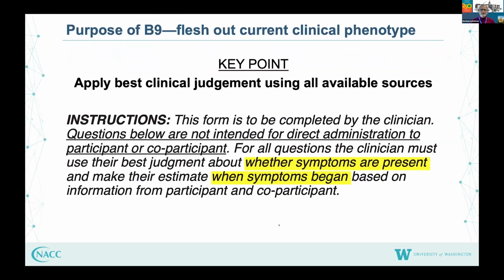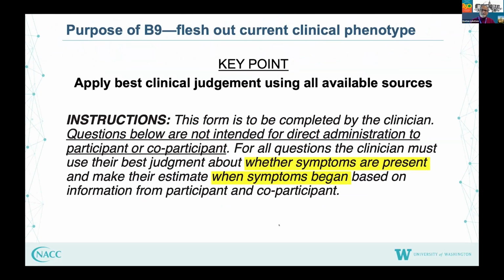So the main point is to remember the purpose of B9, which is to flesh out the current phenotype. And the key point that we ask you to do in all instances is to apply your best clinical judgment and to use all available sources to apply the judgment. So you're not actually using this form for direct administration to a participant or a co-participant.